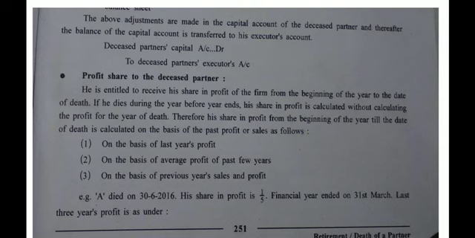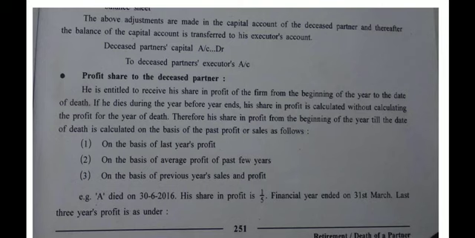If he dies during the year before the year ends, obviously, because there was no notice before the death took place. So if the partner dies during the year before the year ends, where does the accounting year usually end? 31st March.